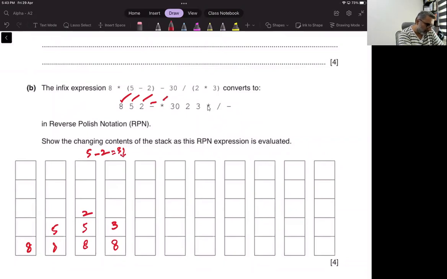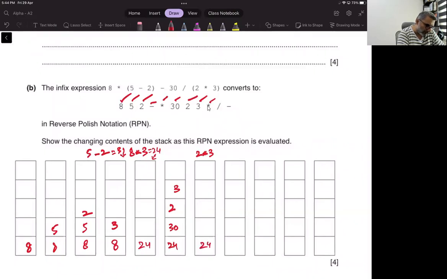All right, then multiply. 3 on the right, 8 on the left. So this is 24. Result is 24 and pushed back. Then 30. So 24, then we have 30, then 2, then 3, then multiplication. 3 on the right, 2 on the left.